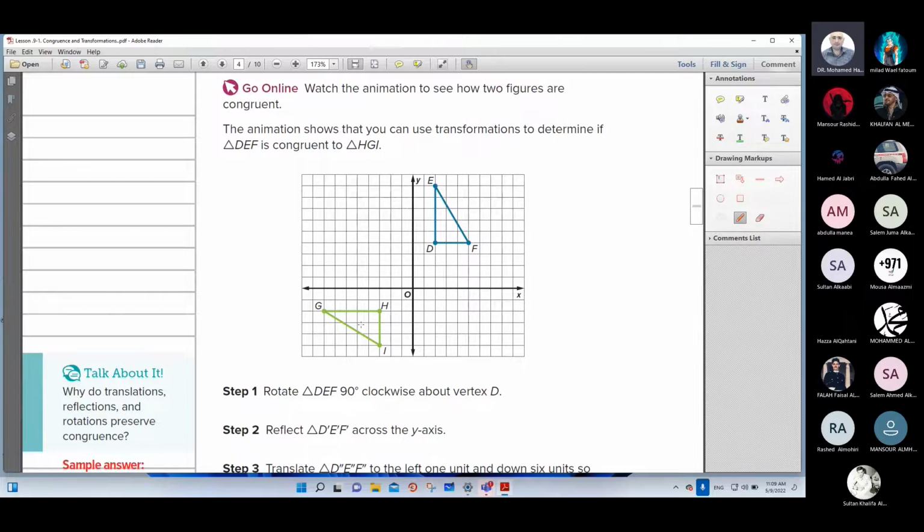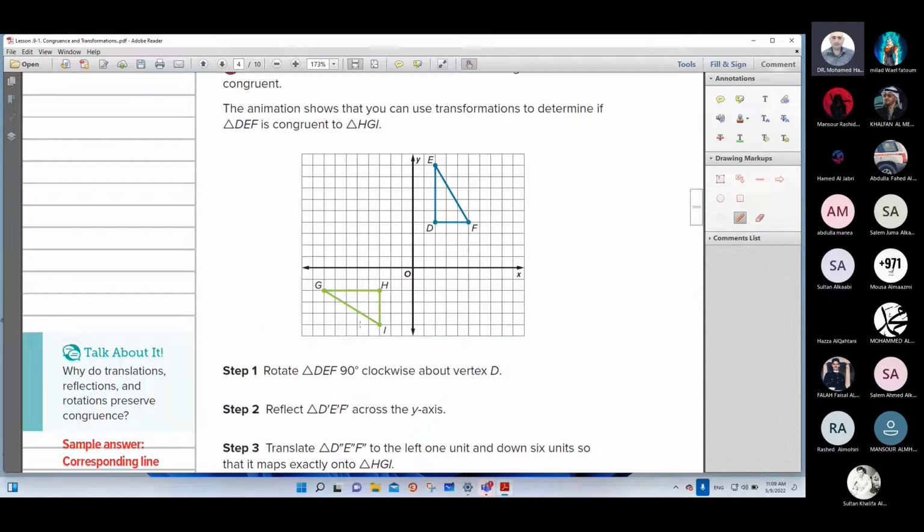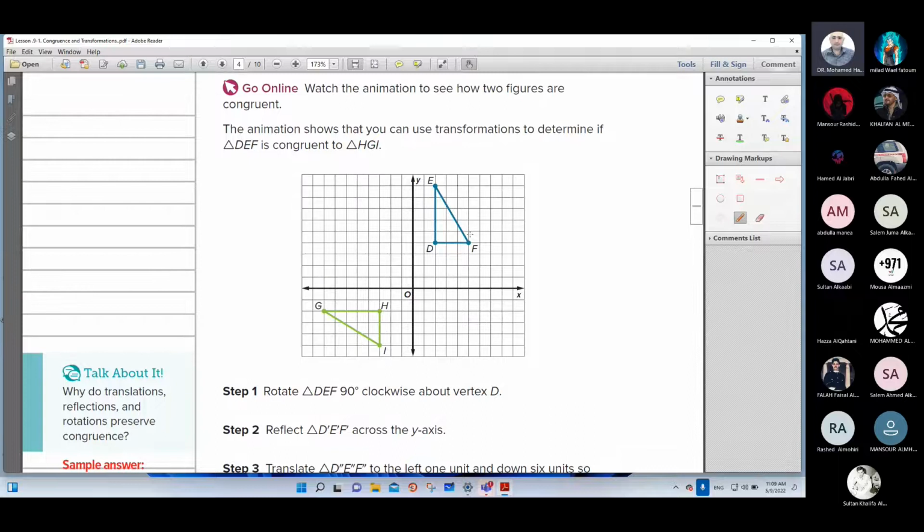Right. Here, who can describe this case? It's rotation. Yes. And as you see, in the blue color we have the pre-image, and in the green color we have the image.